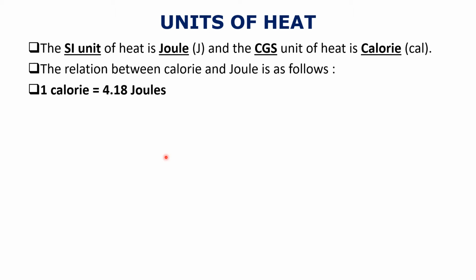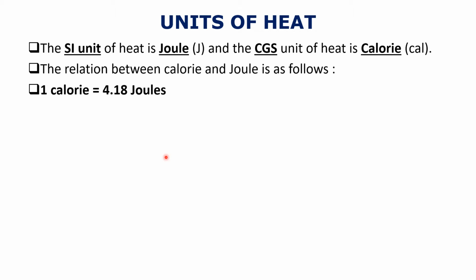Now boys, you will be confused how to remember whether 1 calorie is 4.18 joules or 1 joule is 4.18 calories. So I remember this way. It is C for calorie and J for joules. So which comes first when you say ABCD, C or J?